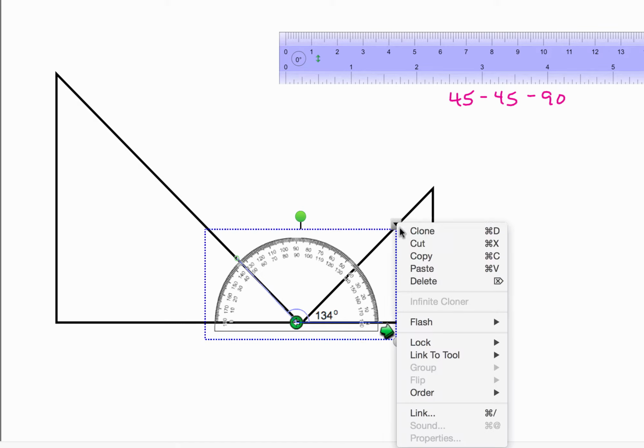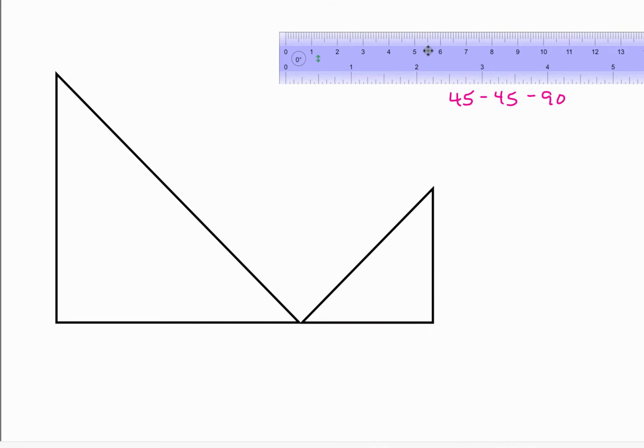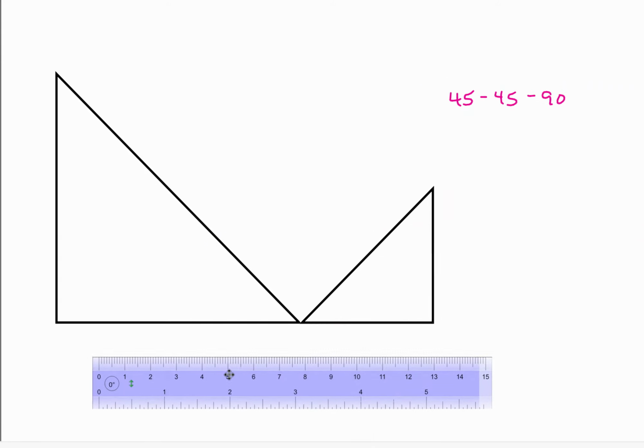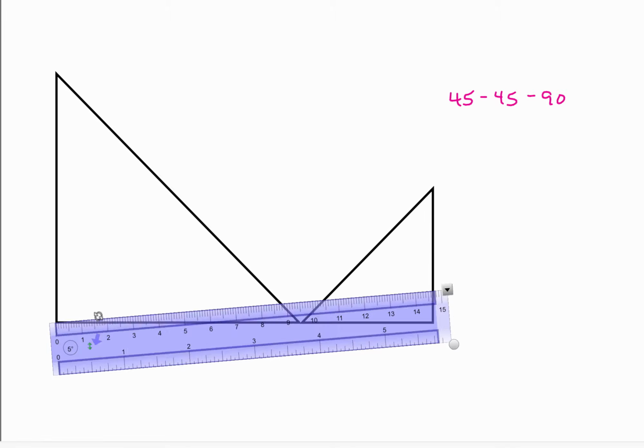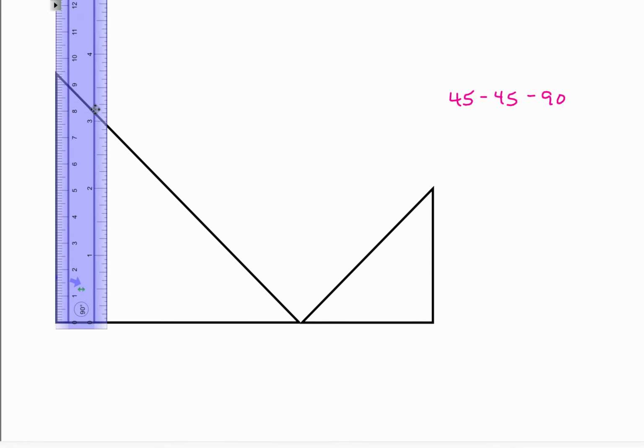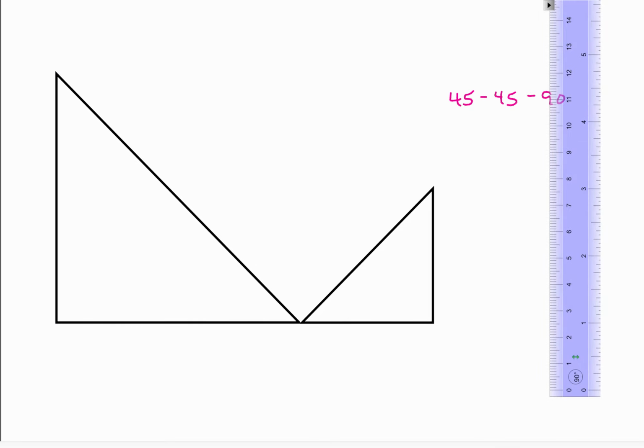Also, if I take my ruler, you will see that since it's a 45, 45, 90 triangle, the sides have to be the same. So this is 9.5, so that means if I measure this other side, that should also be 9.5, thus creating 45, 45, 90.